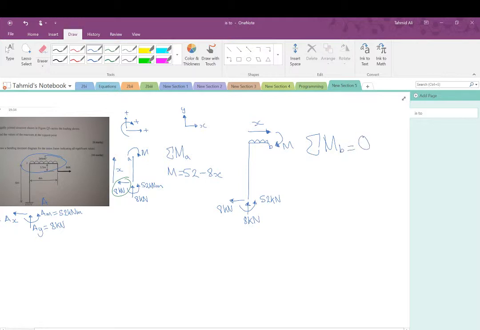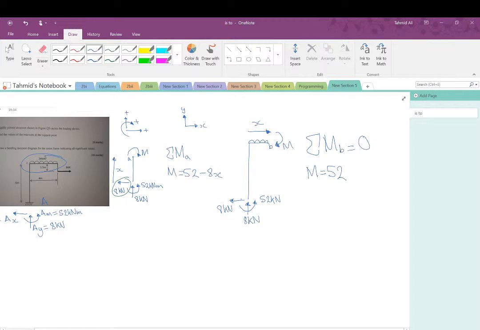As it usually is, because it's static. So M is going to be equal to, now this is going clockwise, and this is going anti-clockwise, so that 52 must be positive. Going opposites. That 8 kilonewtons.